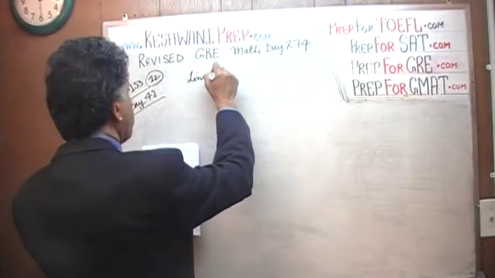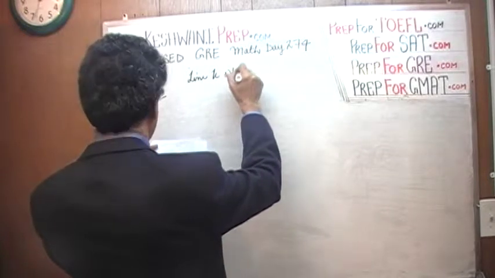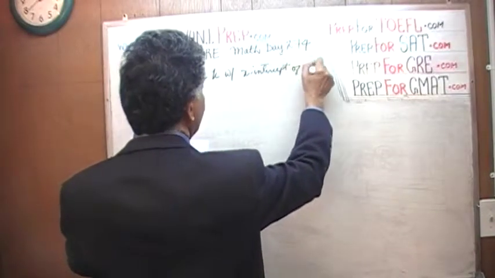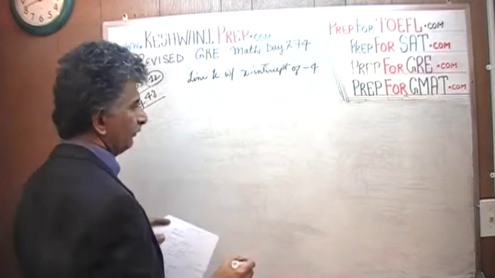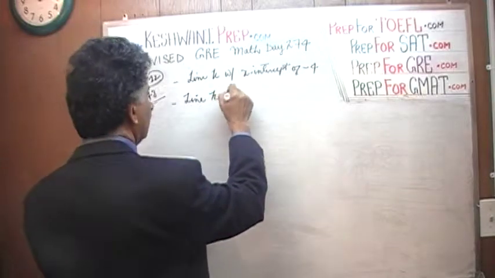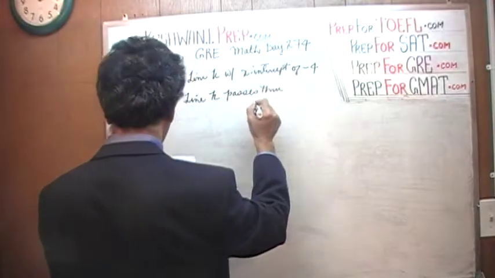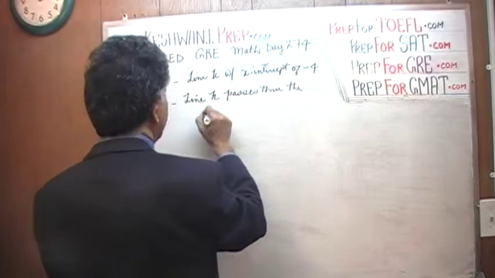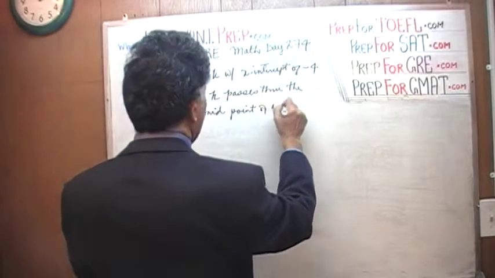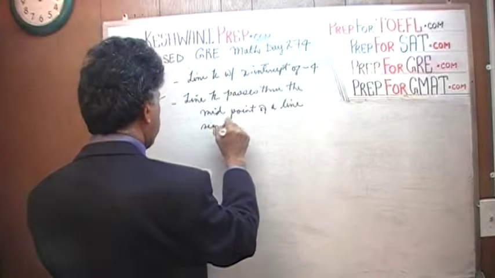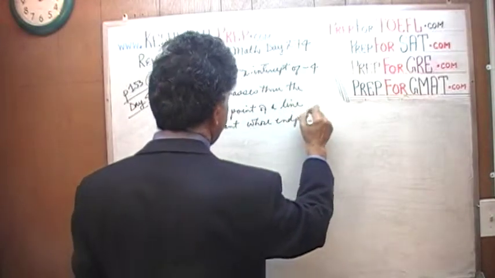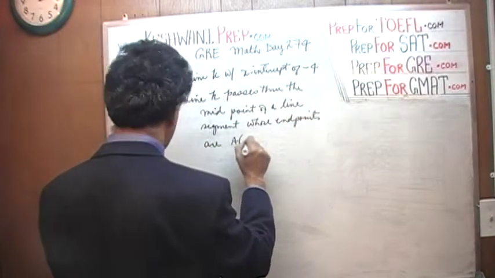Line K has an x-intercept of -4. Line K, we are also told, passes through the midpoint of a line segment whose endpoints are, let's give these endpoints names.